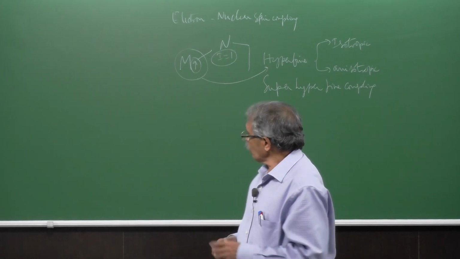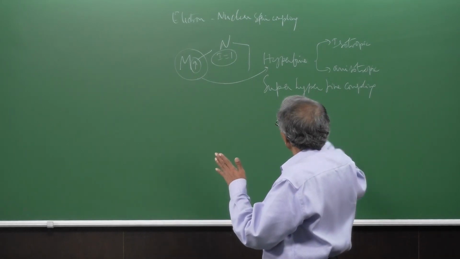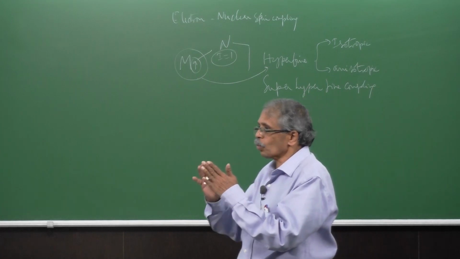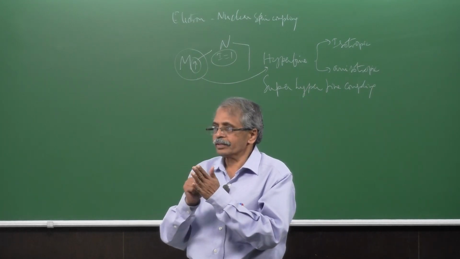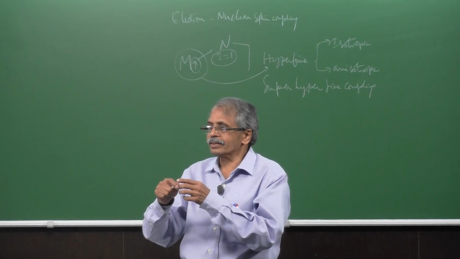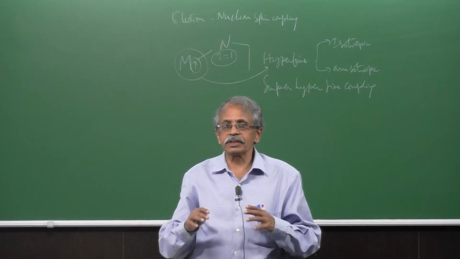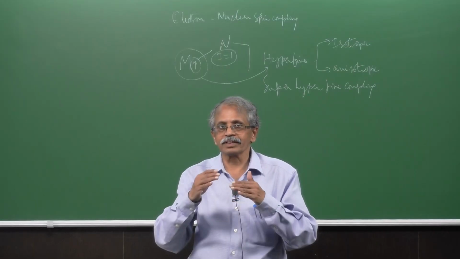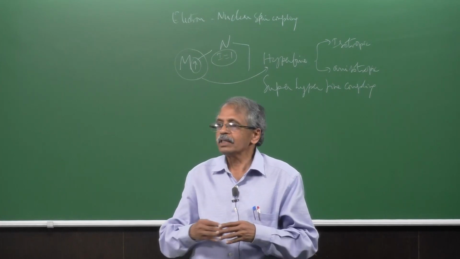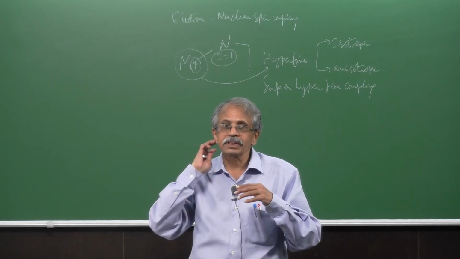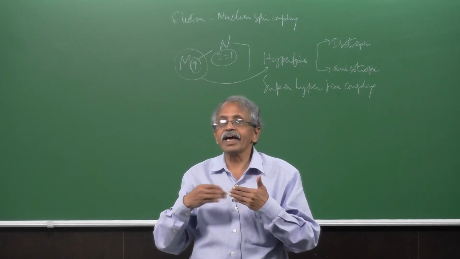Okay. So now you have the electron and you have the nucleus, and what is required is the electron density of this unpaired electron, whatever you are looking at for the EPR, its density felt at that nucleus in terms of the s orbital character. That means you need to see the electron presence in that unpaired electron, whether that particular orbital has any kind of s character.